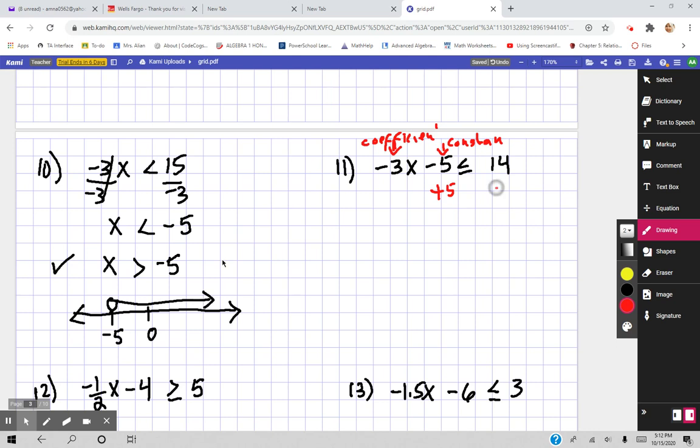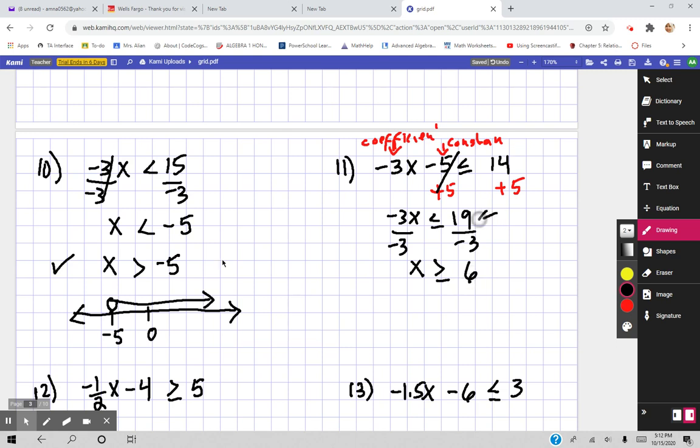So add 5 to both sides. We're going to have negative 3x is less than or equal to 19. Divide both sides by negative 3. So x, we're going to have to flip because we just divided by negative, so we flip it. 3 goes into 19 6 times because 6 times 3 is 18.